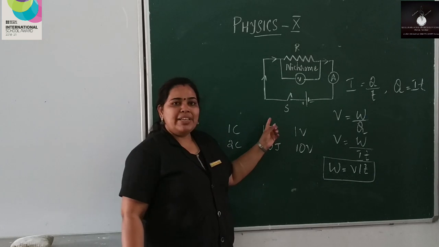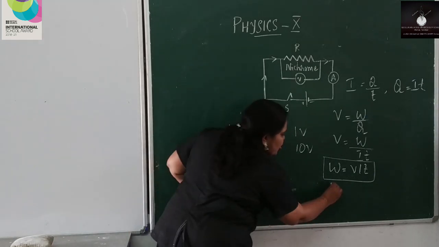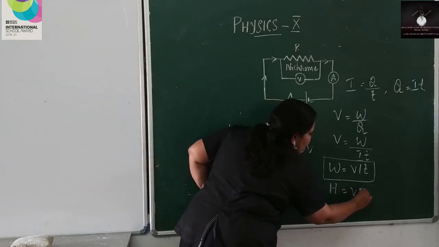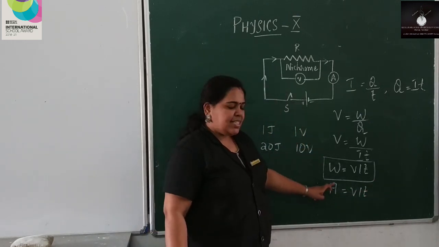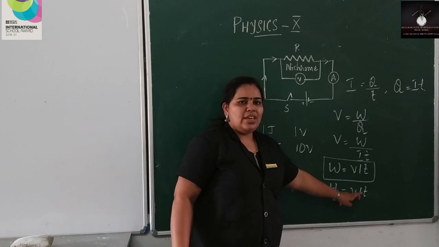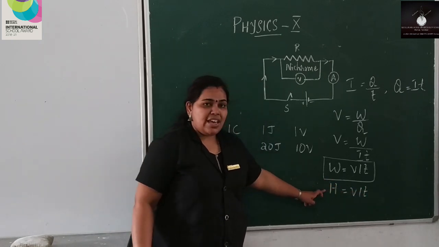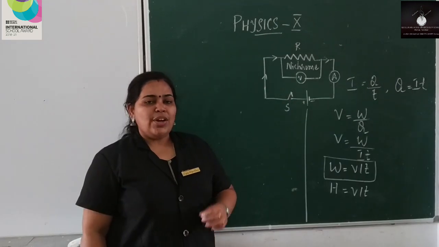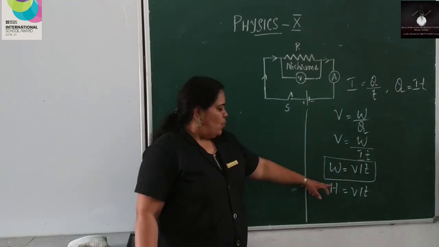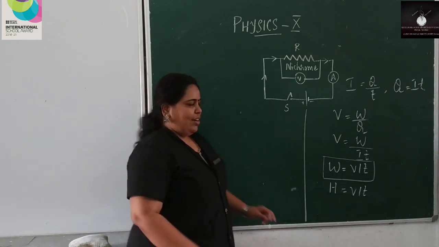So, the work done by the battery can be written as H is equal to VIT. Instead of W, we write H is equal to VIT, where H stands for the amount of heat produced.